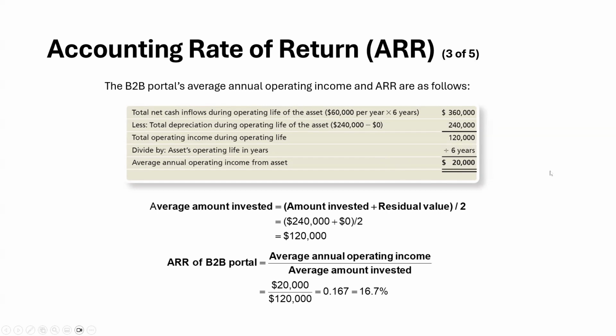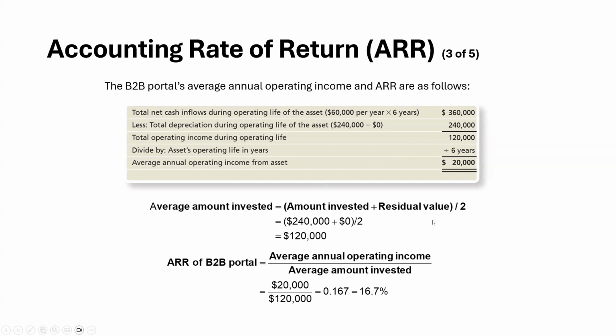The average amount invested in an asset is its book value at the beginning of the asset's useful life plus the book value at the end of the asset's useful life, divided by 2. This is what you see here.